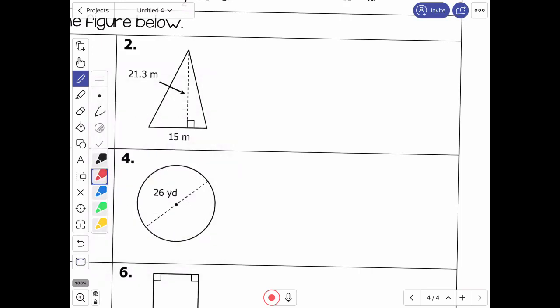For number 2, I have a triangle, it looks like, a 3-sided shape. And so a triangle's area formula is 1/2 times base times height, or base times height divided by 2. So my base is going to be 15, and my height is 21.3 meters.